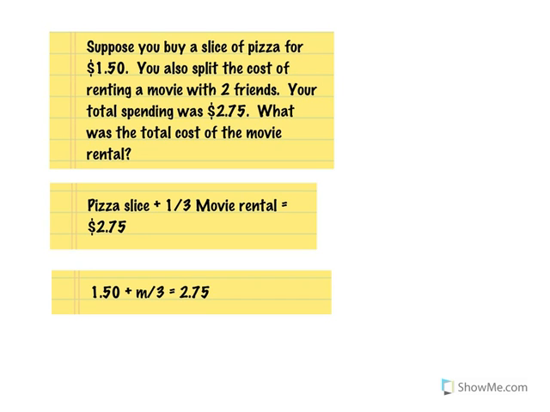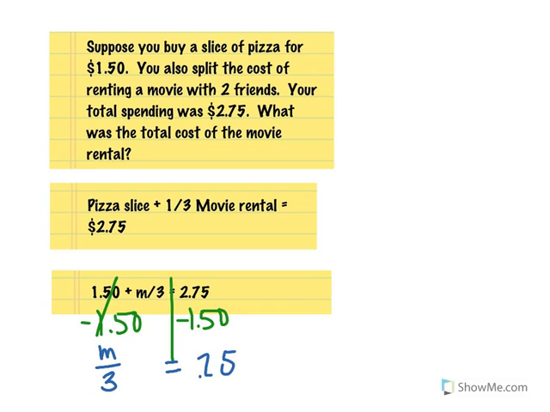So first step to isolate M is going to be to subtract 1.50 from both sides. And I'm left with M divided by 3 equals 1.25.